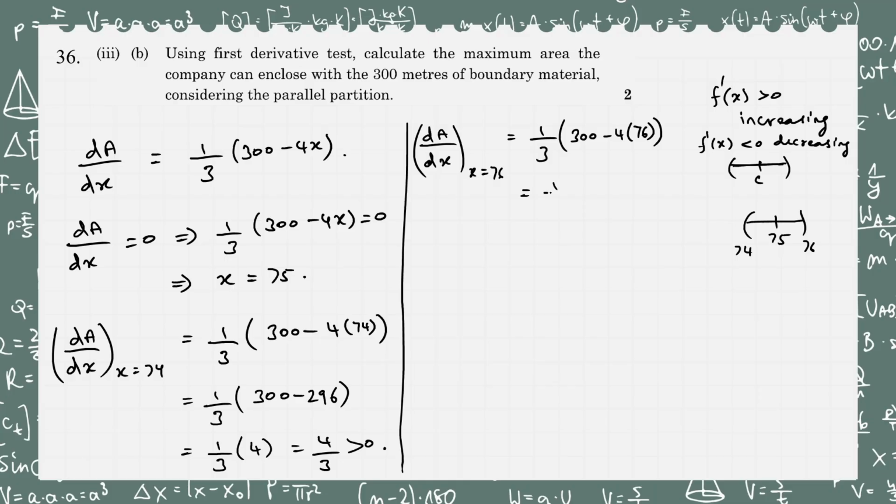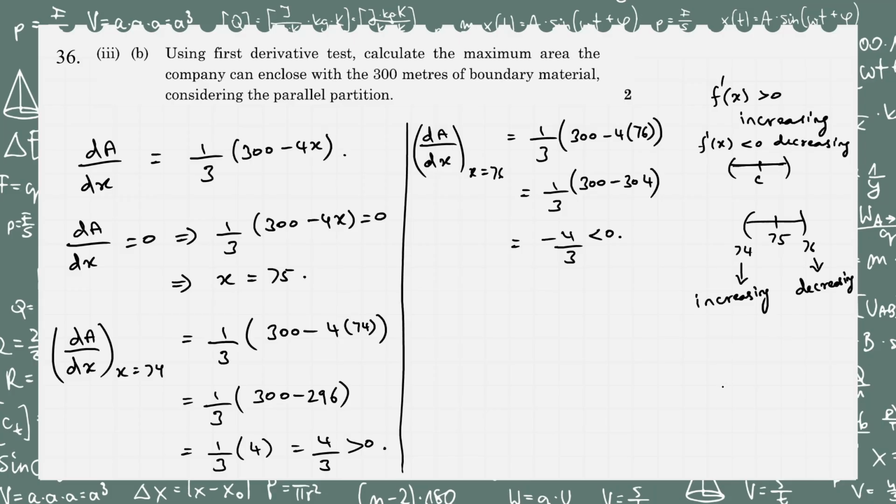So that will be 1 by 3 into (300 minus 304). That will be minus 4 by 3, which is less than 0. So what we can say is the area function is increasing on the left side of 75 and decreasing on the right side of 75.